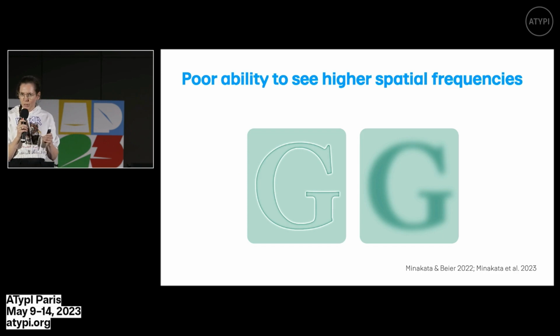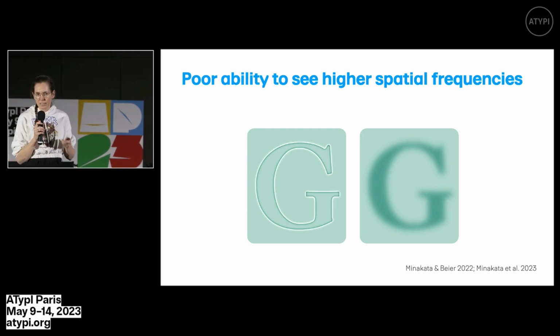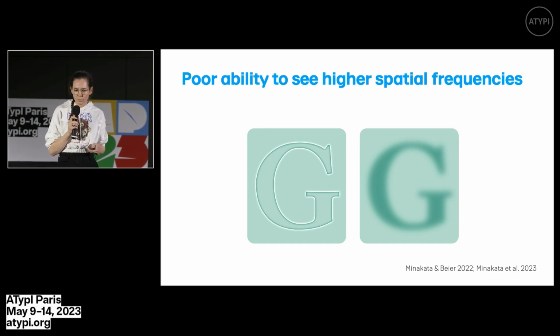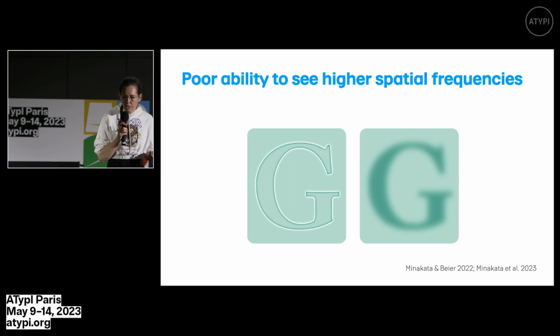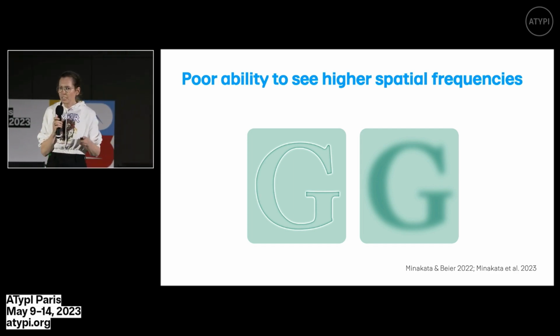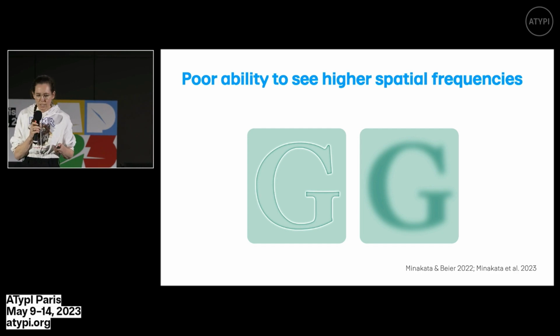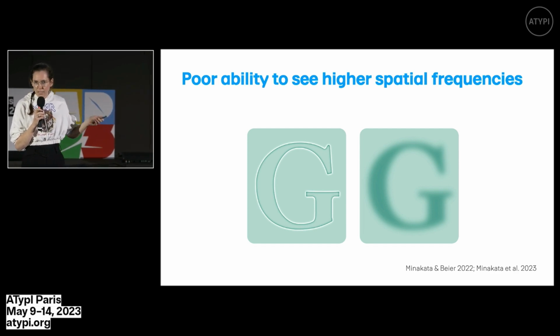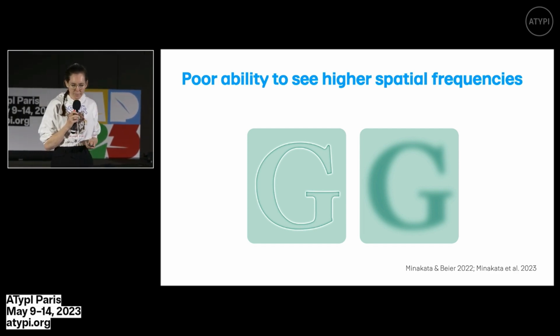So we were curious what was going on here. Why was it that the data was so clear in opposite directions with these 2 groups? If you remember that these low vision people had blurred vision, that means that they have issues with seeing higher spatial frequencies. That is that the D here on the left is difficult for them to see. They see the world basically as the G on the right.